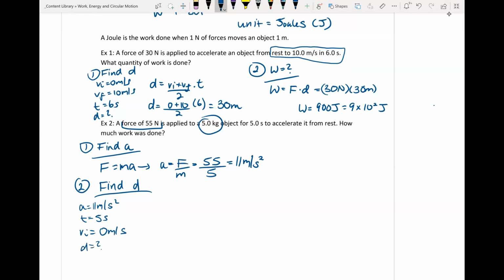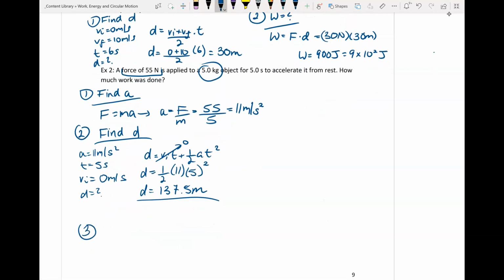The equation I'm going to use for kinematics is d equals v_i t plus a half a t squared. Since our v initial is 0, this term is gone. a is 11, t is 5. And then we're going to do this calculation and we're going to get 137.5 meters.